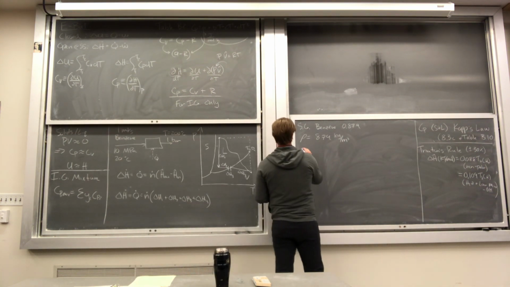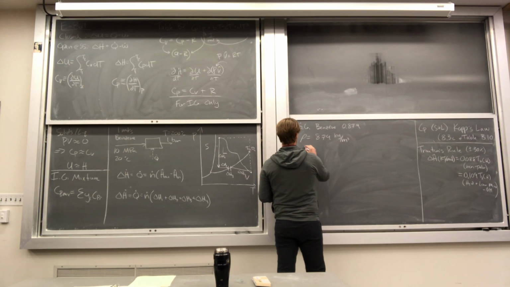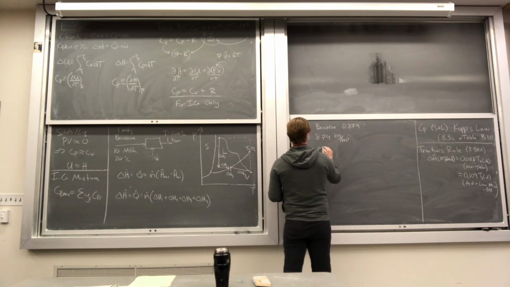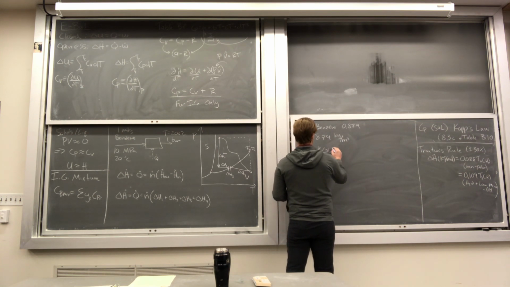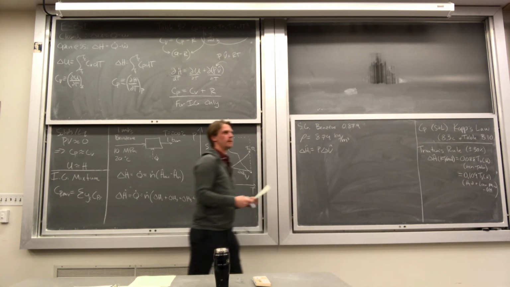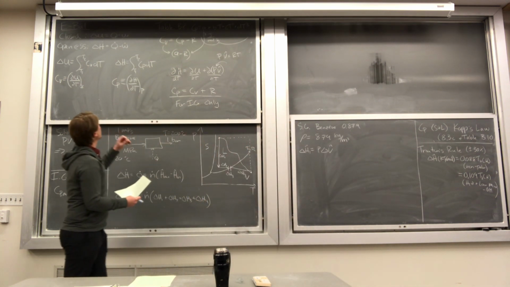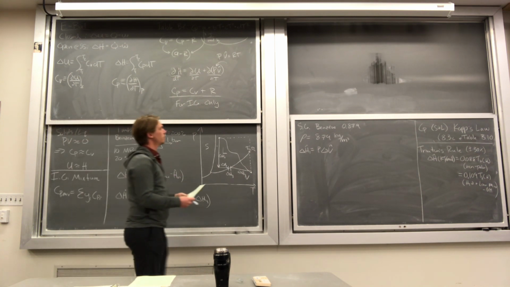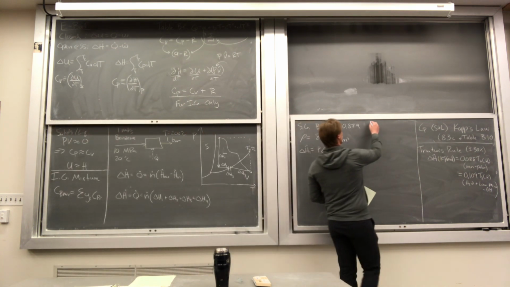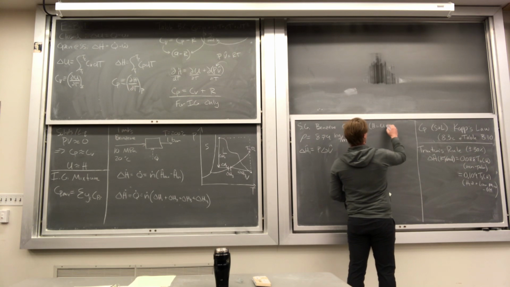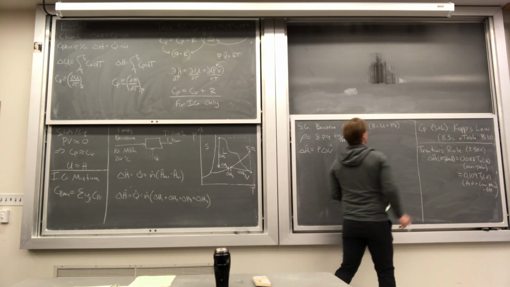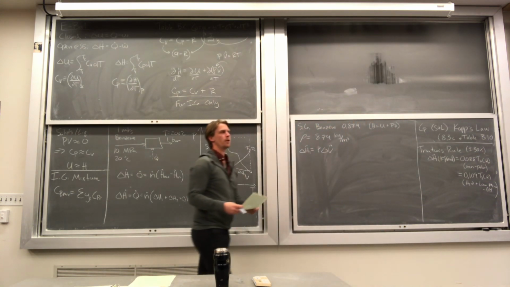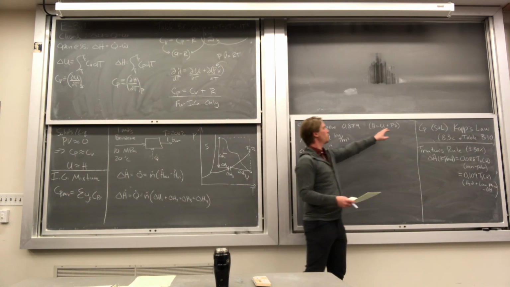Okay, so for delta H1, it's going to be P delta V. Because if we look at our enthalpy, I don't have the enthalpy definition up here, right? But enthalpy, right? So we're going to consider only this contribution here.